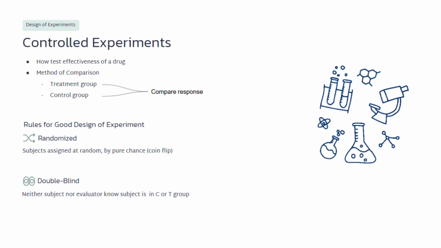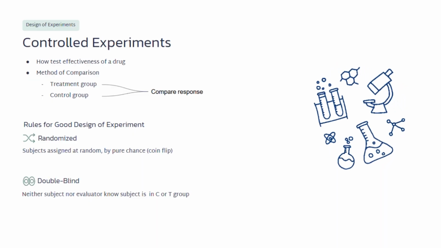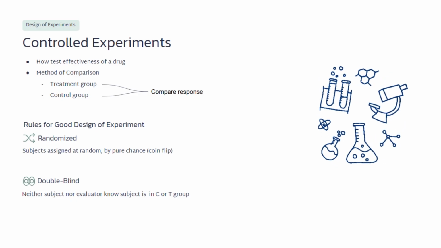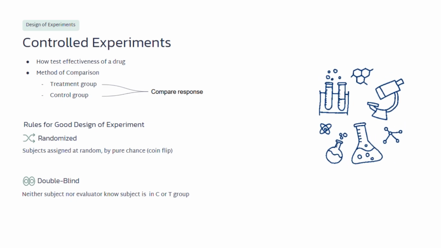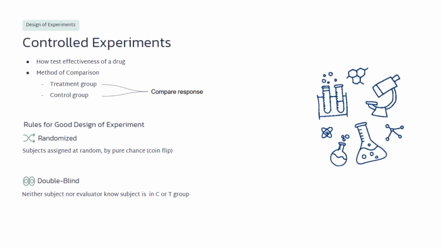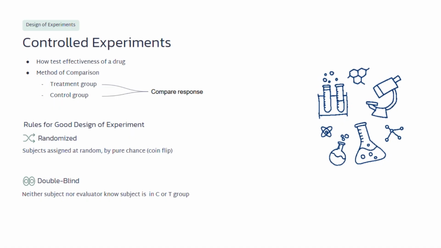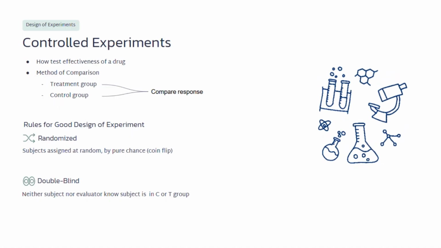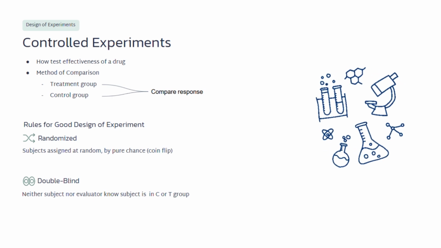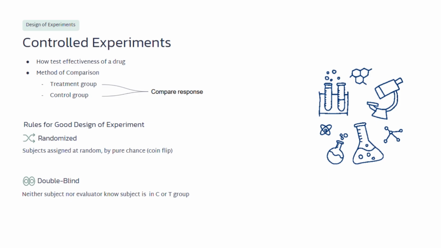The other important rule is that the experiment should be double-blinded, which means that neither the subjects nor the doctors who measure the response know whether they belong to the treatment group or the control group, because if they know, they might be biased about making measurements or doing the diagnostics about the effect of the drug.